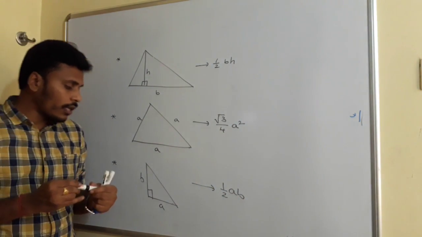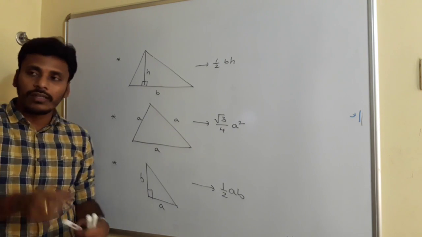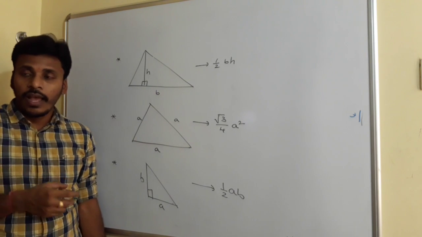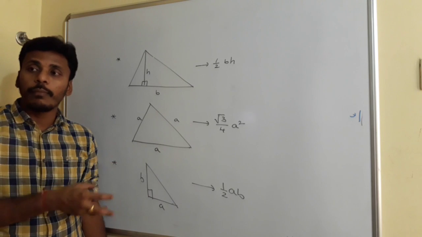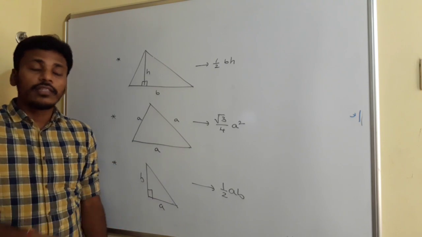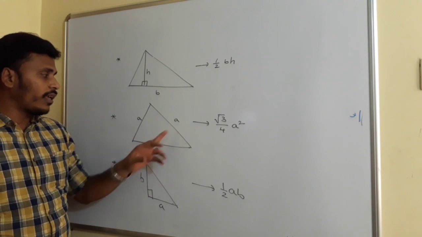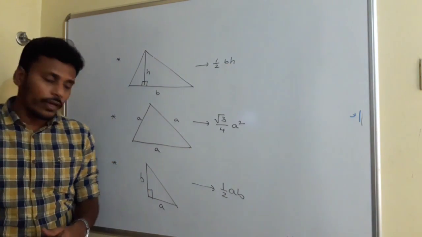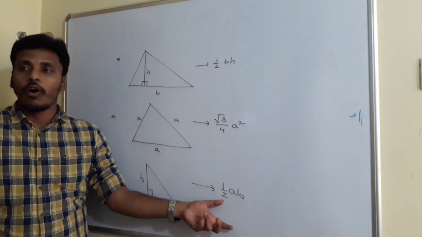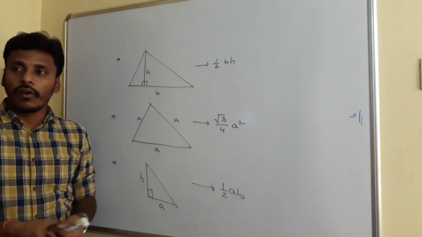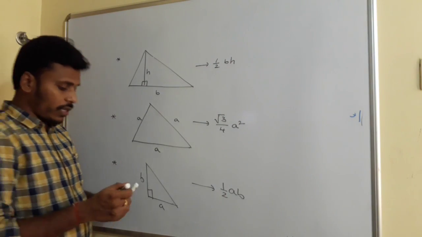Keep in mind that here A and B are not the coordinates of the vertices. I am utilizing these variables A, B as the lengths of the sides. So with side length A, the area is root 3 by 4 A square, for a right angle triangle it is half AB, and for a normal triangle half base into height.